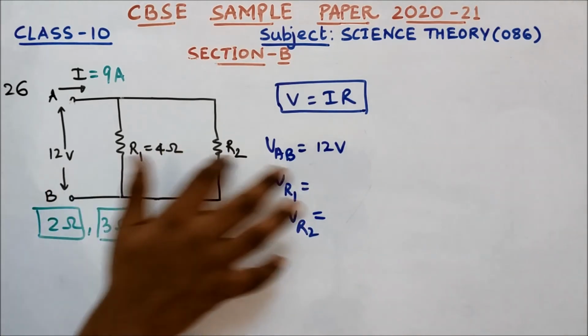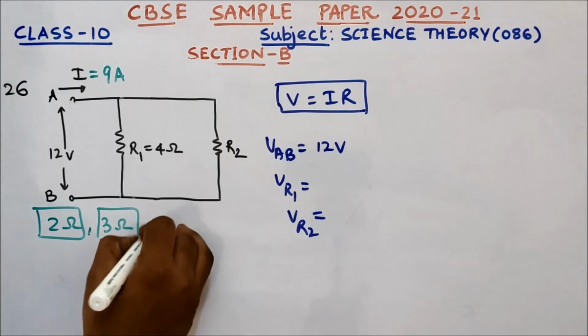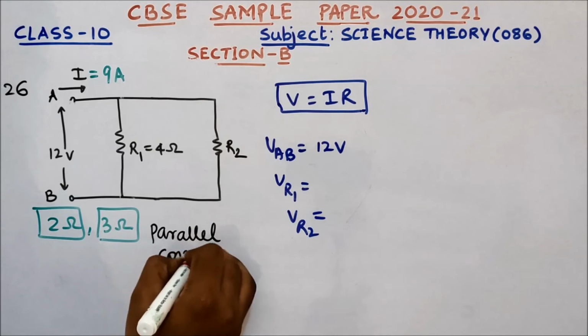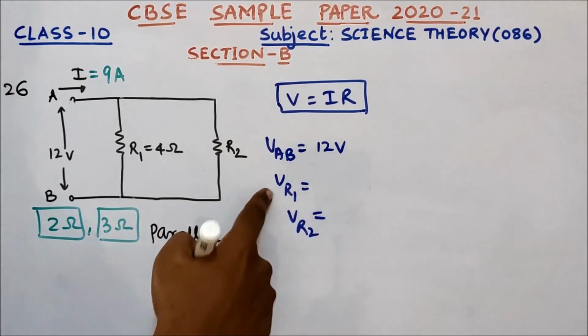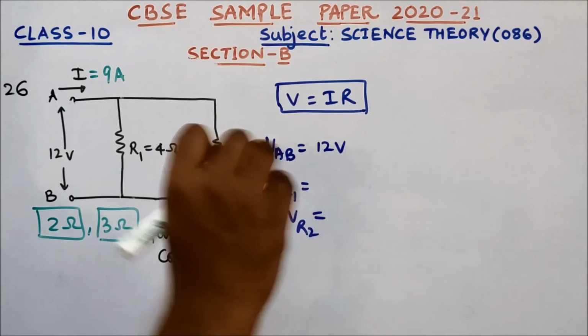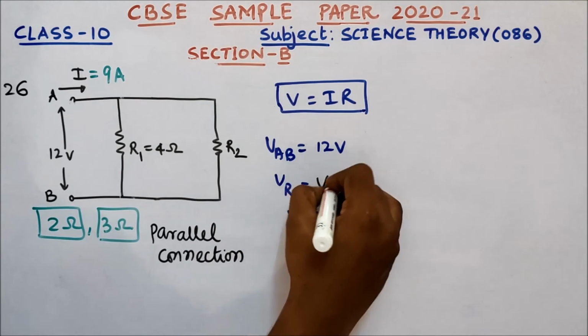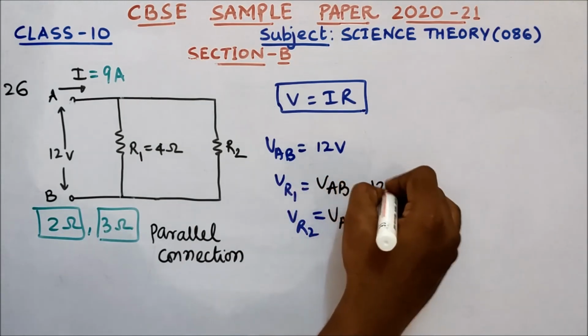It is a parallel connection. If it's a parallel connection, the potential difference across R1 and R2 will be the same, and that is the same as the potential difference between A and B. How much is that? That is 12 volts.